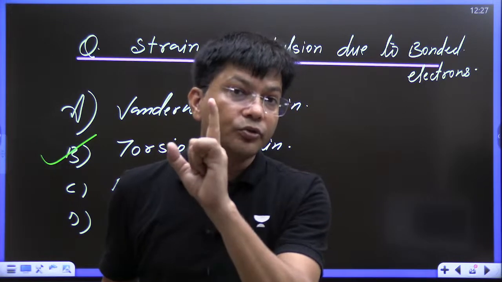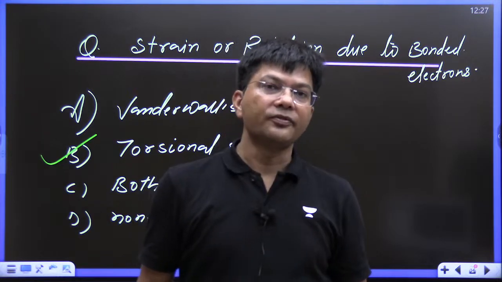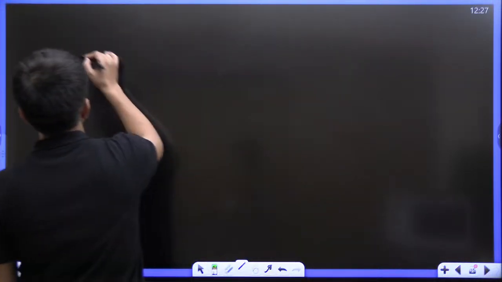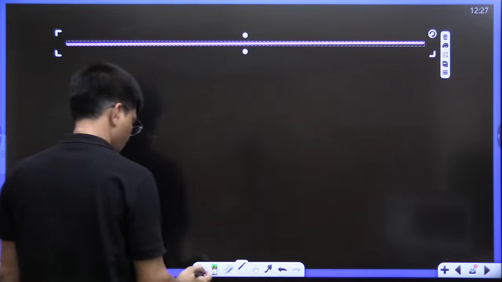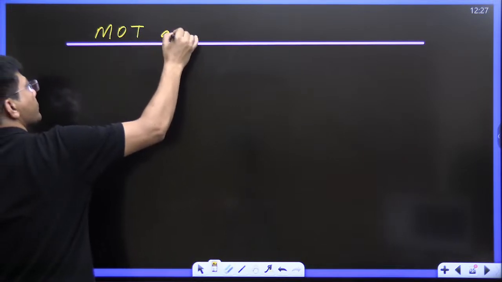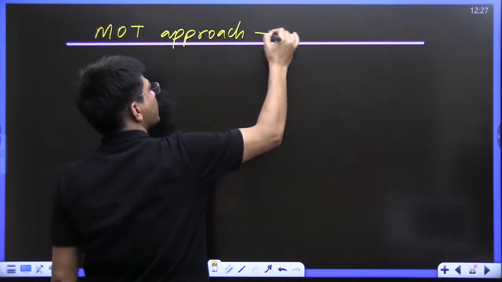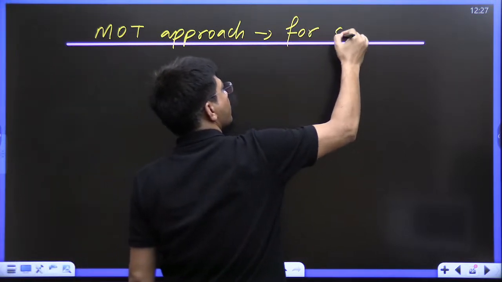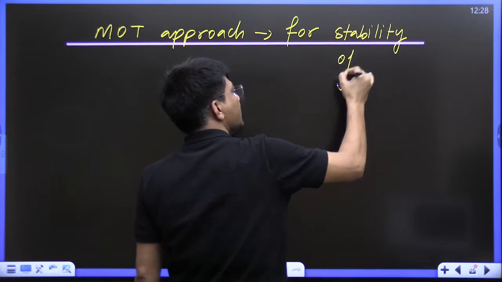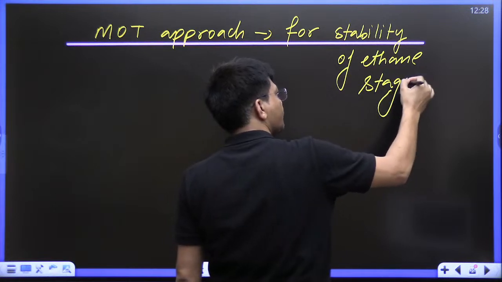Now see, I'm going to show you molecular orbital theory, why the staggered form of ethane is more stable. That is going to be the rank deciding. See, the molecular orbital approach, MOT approach, for stability of ethane's staggered form.